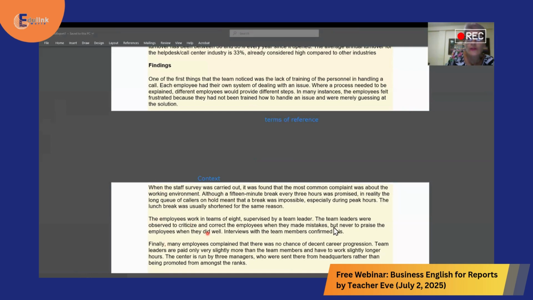Then another paragraph about the problem with team leaders. And then a final paragraph about career progression. No decent career progression. People can't get promoted. They can't get into a senior job. They can't earn more money. Okay, so findings is usually the biggest part of your report.